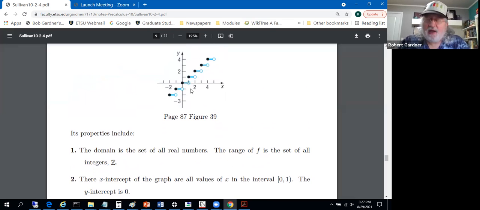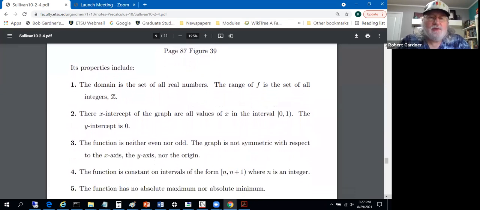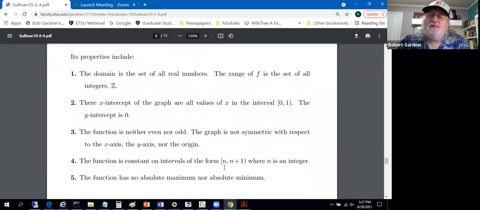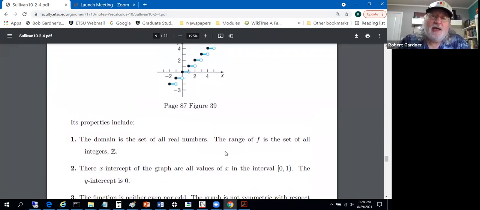But the way we've defined increasing and decreasing, this function has to be described as constant on the little steps. So the function is constant on intervals of the form n to n plus 1, where n is an integer. It includes the left-hand endpoint and excludes the right-hand endpoint, as indicated by the colored in dots on the left and the open circles on the right.